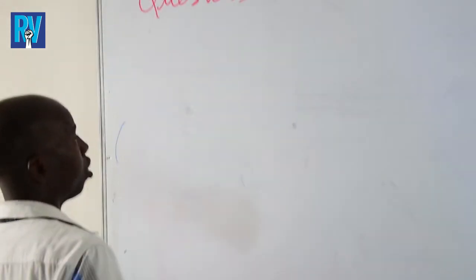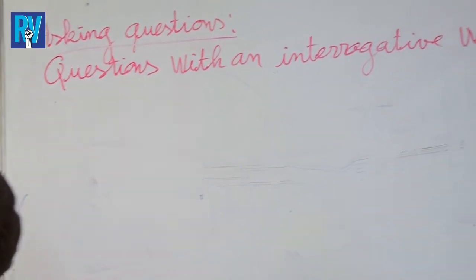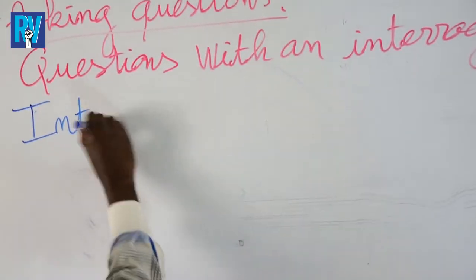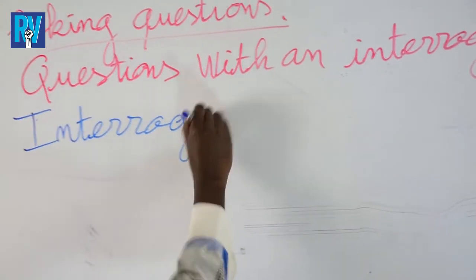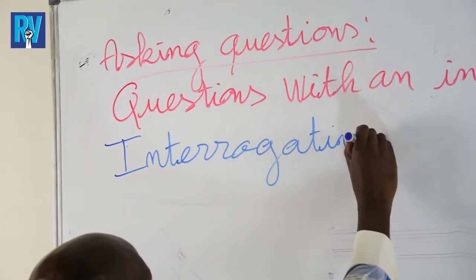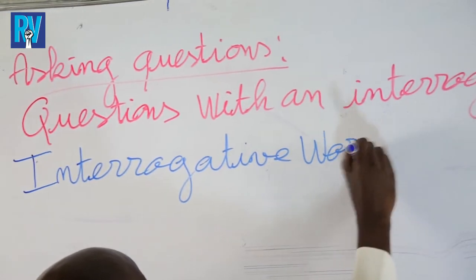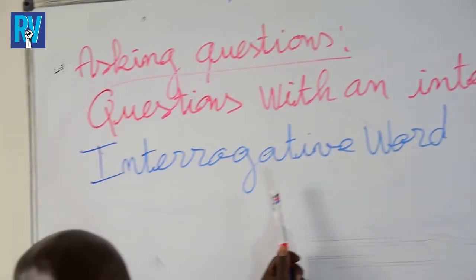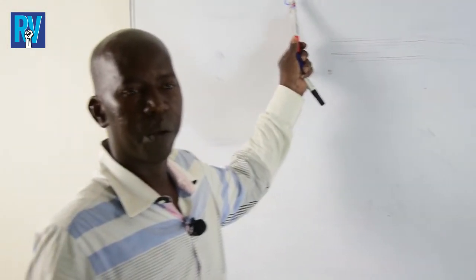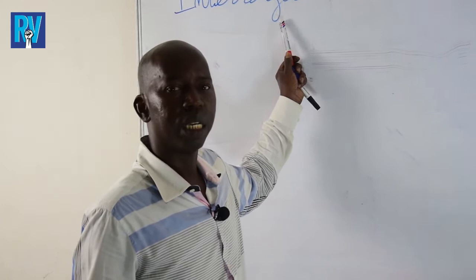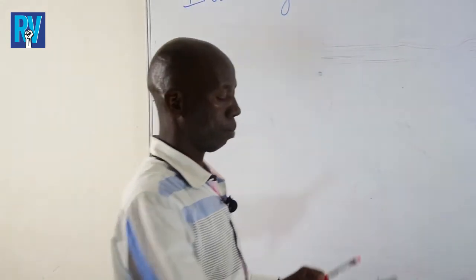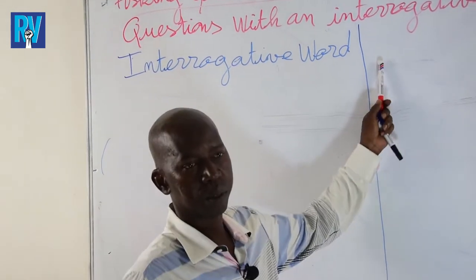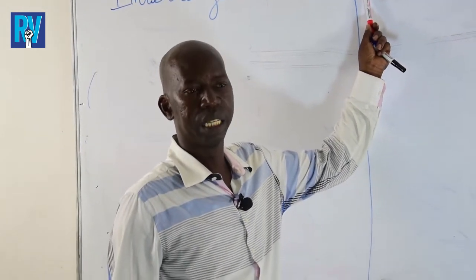Right. To ask your question, you have to write the interrogative word, le mot interrogatif. It may be what, where, who, why, which, how many, how long, how far, etc. So after the interrogative word, you may have different possibilities.